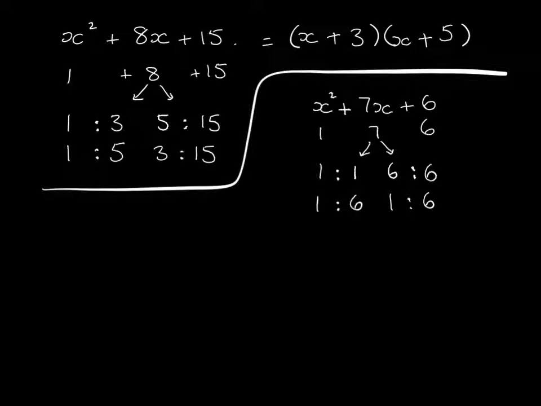So I've got one bracket which says x plus 1 from here, 1x and 1, and the other bracket which says 1x and 6 I'll write as x plus 6, and that's me factorised x squared plus 7x plus 6.